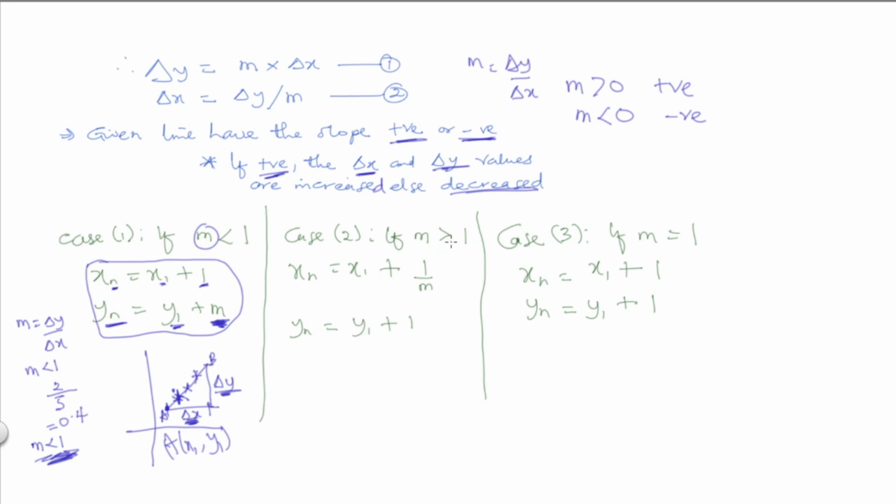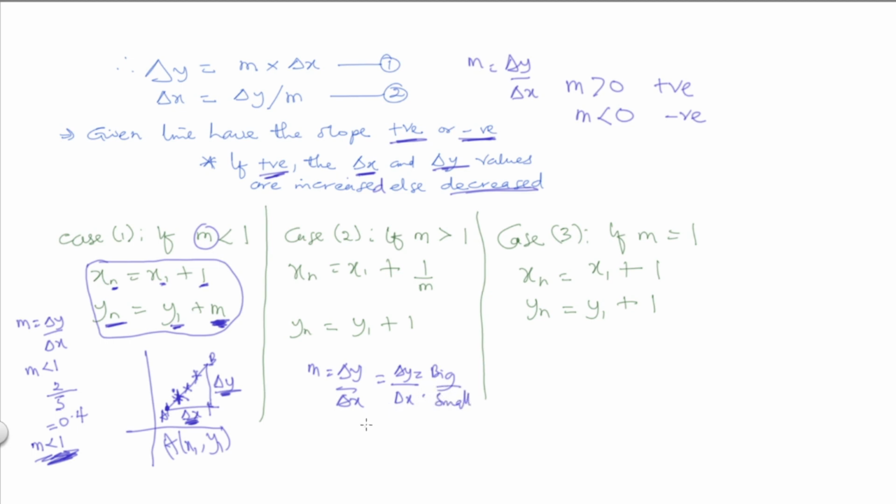If m is greater than 1, so still using the same formula, the gradient is change in y over change in x. If m is greater than 1, then it means the change in y is of a big value, and the change in x is a small value.